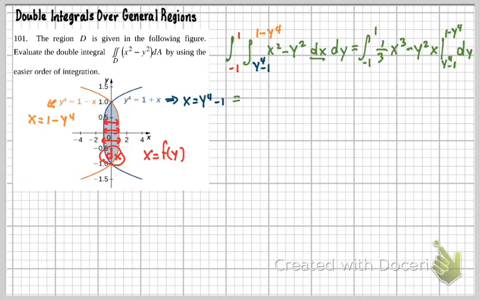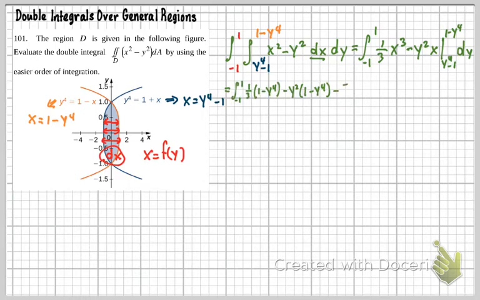So now we plug in the integral from -1 to 1. We plug in the 1 minus y to the 4th cubed minus y squared, and we have our x here, which is going to be the 1 minus y to the 4th. And now we're going to subtract the lower bound. I did not give myself enough room here.